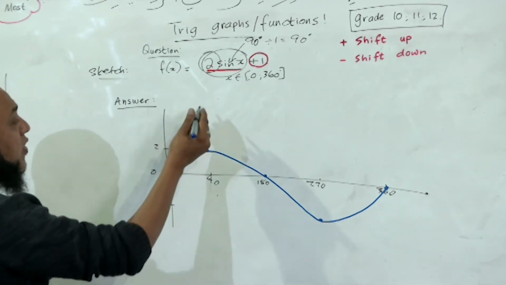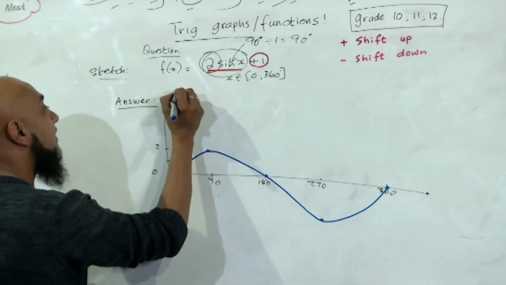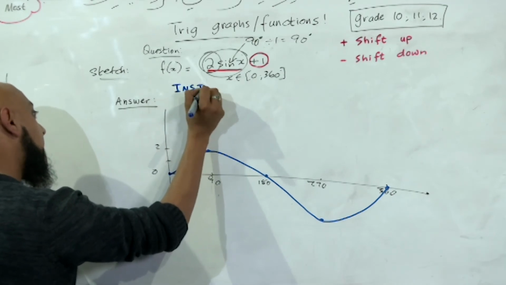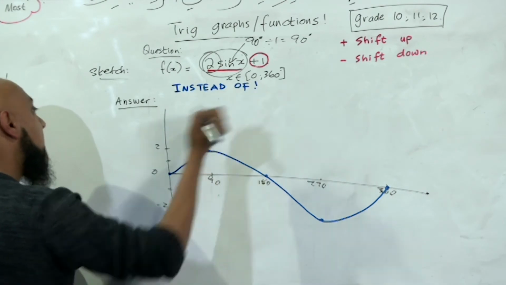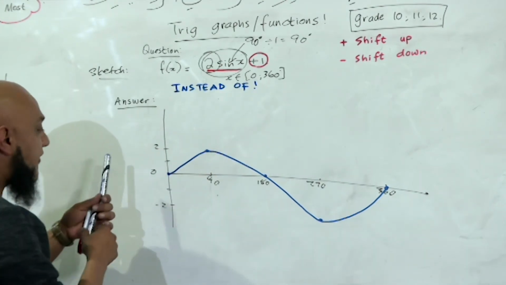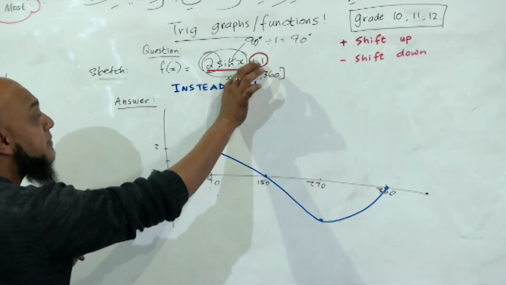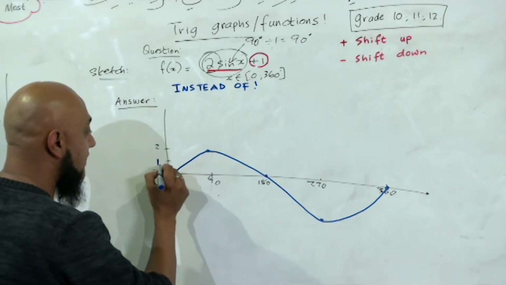So now we're going up 1 unit. Instead of your x-axis being at 0, your x-axis is going to be shifted 1 unit up. So now your new x-axis is going to be at 1.